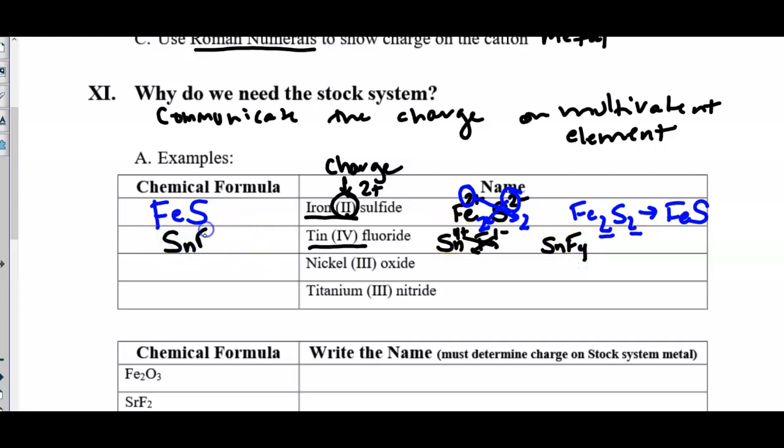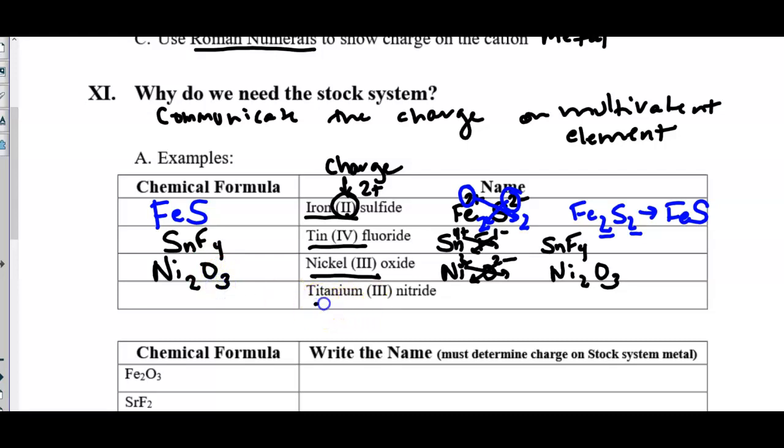And that cannot be reduced any further, so we're going to end there. Now nickel-3 oxide, nickel-3 is +3. So Ni with a +3. Oxygen is -2. We're going to crisscross these, so we get Ni2O3. I cannot reduce that any further, so that's my final answer.